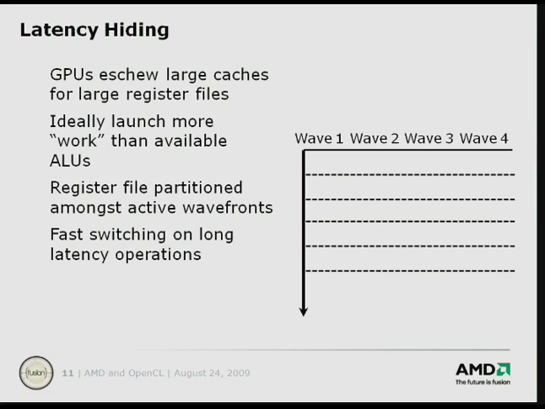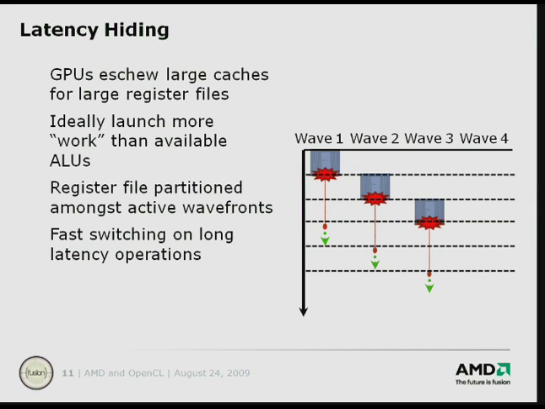So if you think about how something's going to process as I execute through, waves are our term for the SIMD execution width. As you start calculating on the first wave and you do a memory load, instead of stalling and waiting, you immediately switch to the next wave. And this is going to continue.